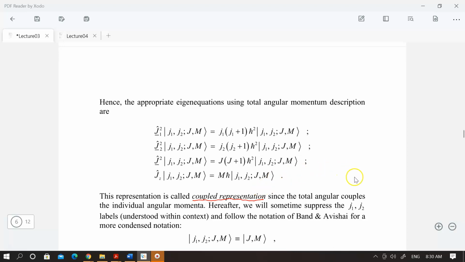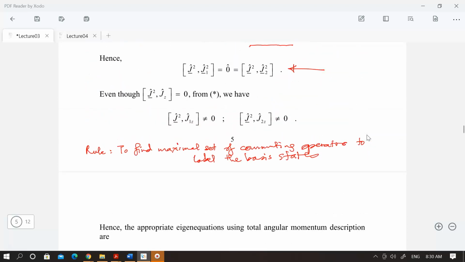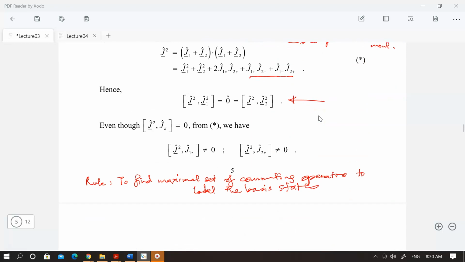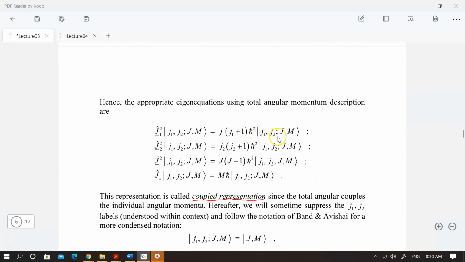Right. At times, this is a very cumbersome notation. For example, here I have J1, J2 to indicate the magnitudes of the individual angular momenta, and then a semicolon M1, M2. And for the coupled state, I use again J1, J2, semicolon, and then you have J, the magnitude of the total angular momenta, and M, the Z component of your total angular momenta.